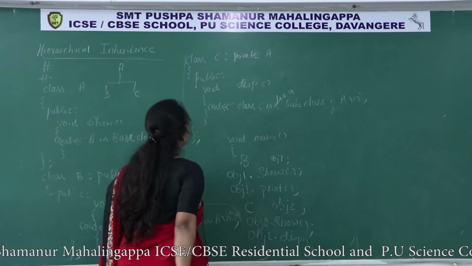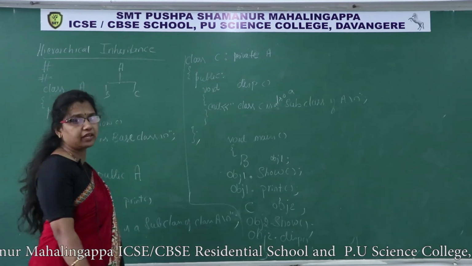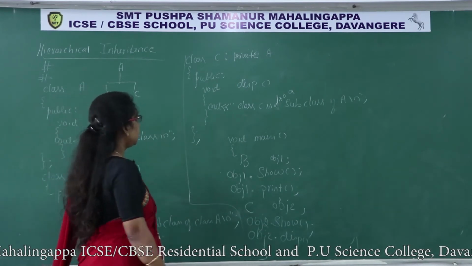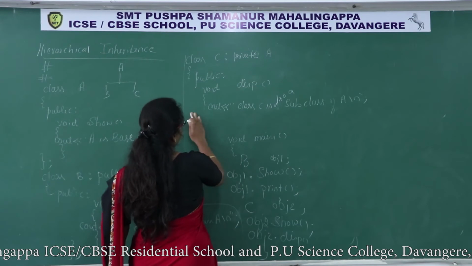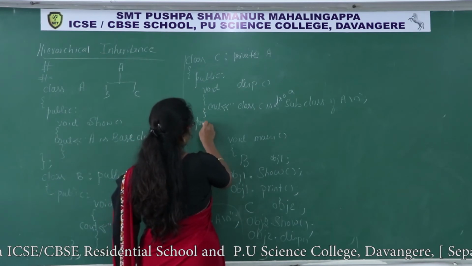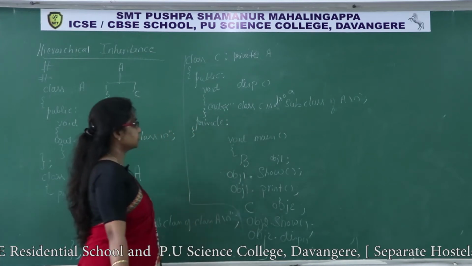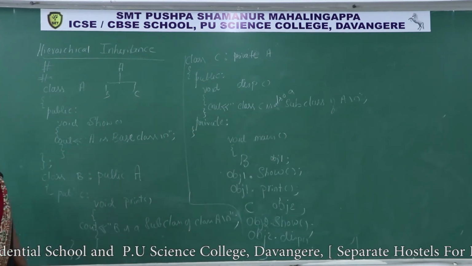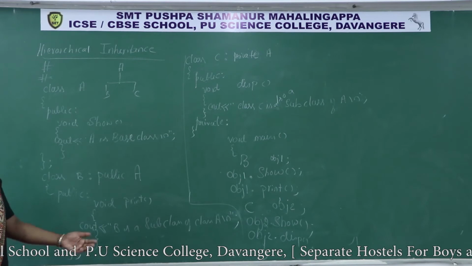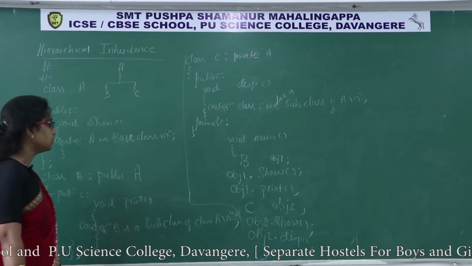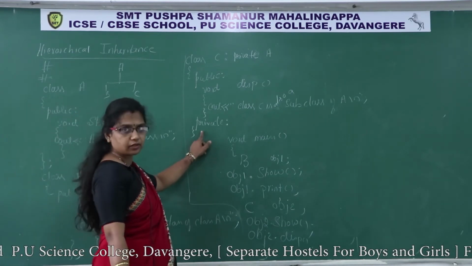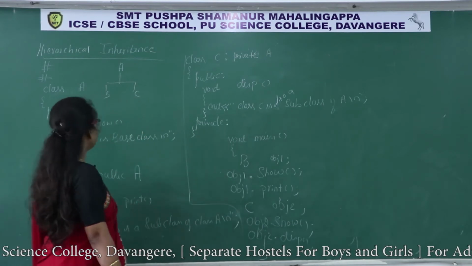If you don't write any access specifier, by default it's private. If a class doesn't contain any access specifier, by default all members become private members. Still I have written private explicitly.